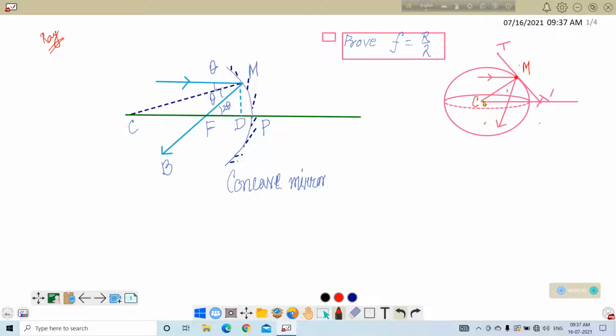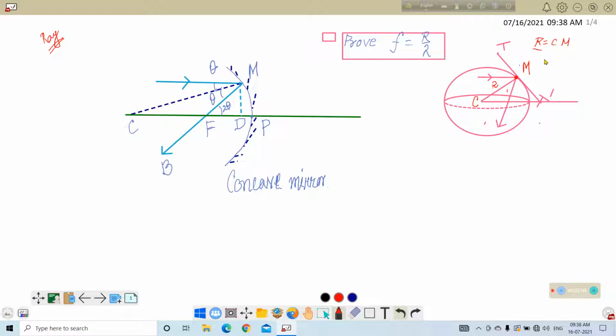Now we know if we draw a line from center to the point M, then it will be termed as radius of this circle or this spherical body, both. So R is equal to CM.